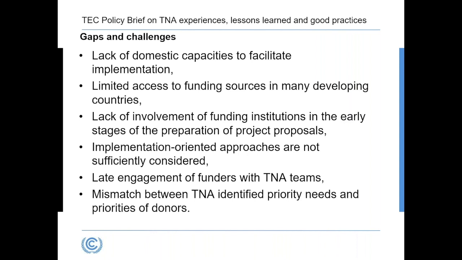They are coming. And then there is a lack of involvement of funding institutions in early stages of preparation of project proposals. Not easy, but there is a possibility to close this gap. Then implementation-oriented approaches are probably not sufficiently considered at the level of ministries. Late engagement of funders with the TNA team, and sometimes a mismatch between priority needs and priorities of donors.